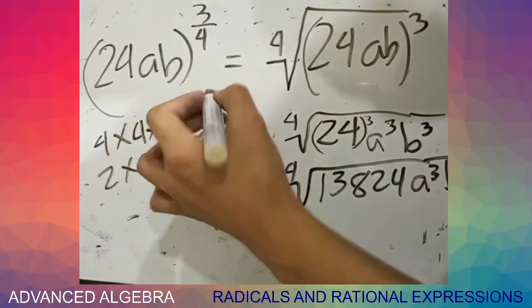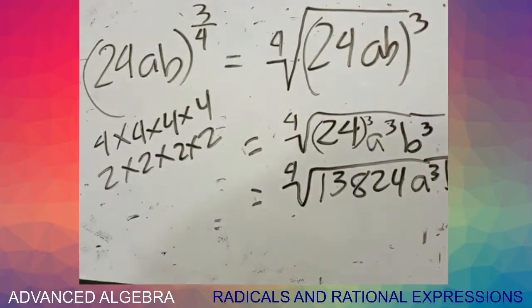Okay, yun yung possible. Tatry natin yan. So, 4 times 4 times 4 times 4, ang sagot dyan ay 256. So, try natin i-divide yung 13,824 divided by 256. Okay, malapit na.